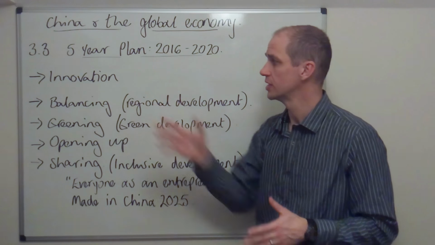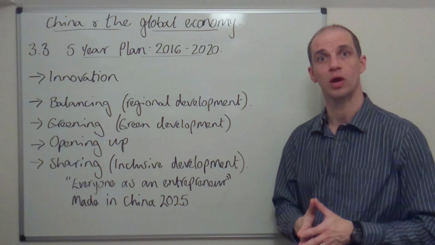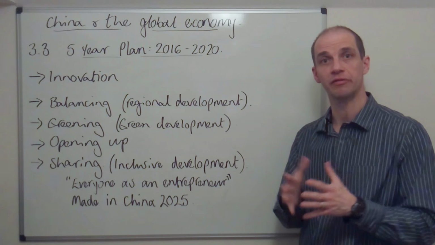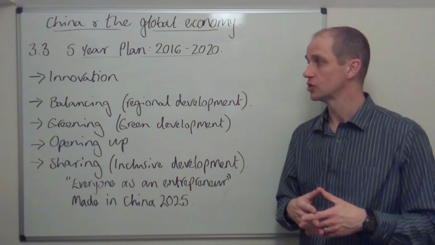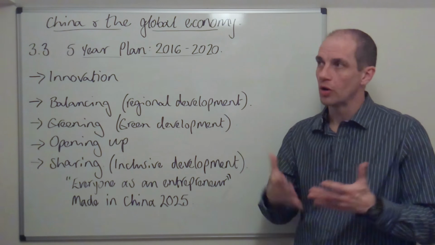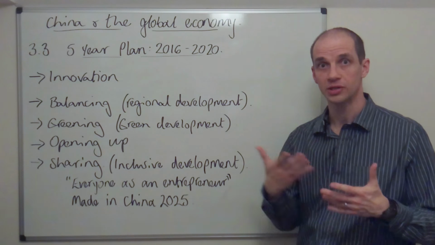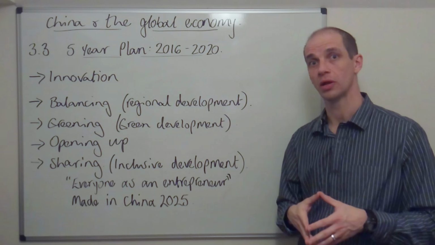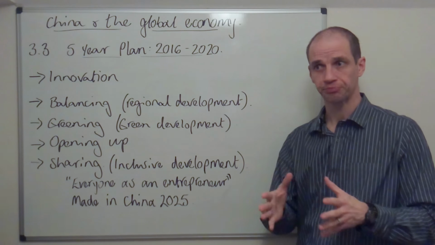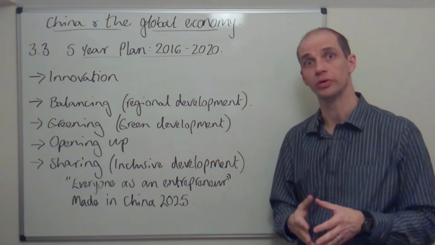Our second point is trying to balance the process of economic growth out and allowing more people to actually benefit from this process. So the balancing that is underway, well, right now the amount of infrastructure spending that is taking place, capital investment that is taking place, is actually far larger in China's interior as opposed to on the seaboard.